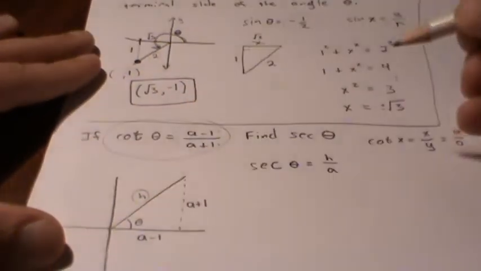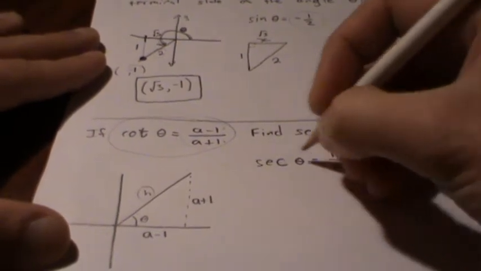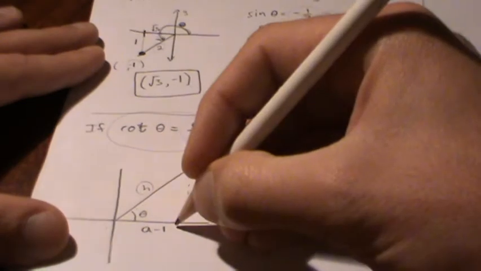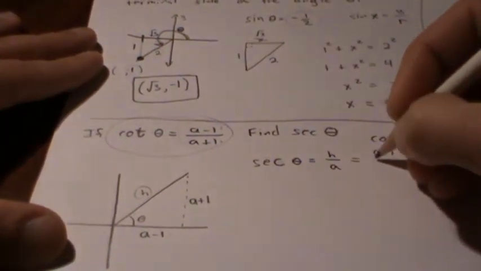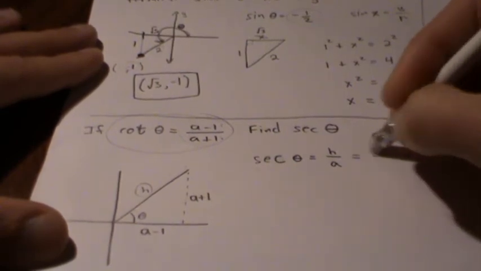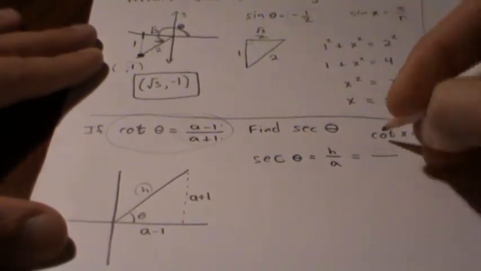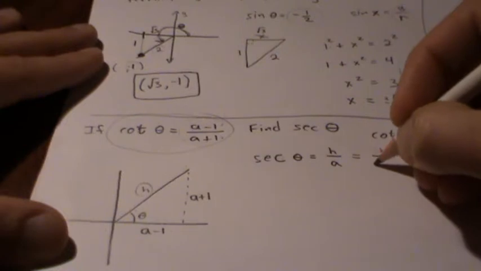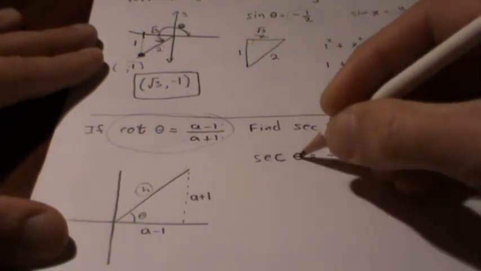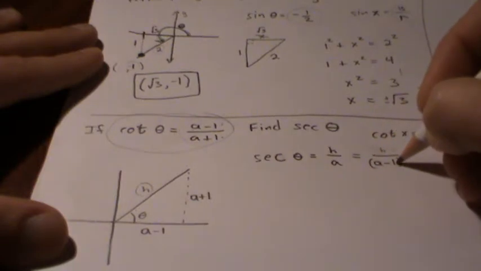I do know the adjacent side, so in the end the secant of this angle is going to equal the hypotenuse over a minus 1, because the adjacent side to theta is a minus 1.